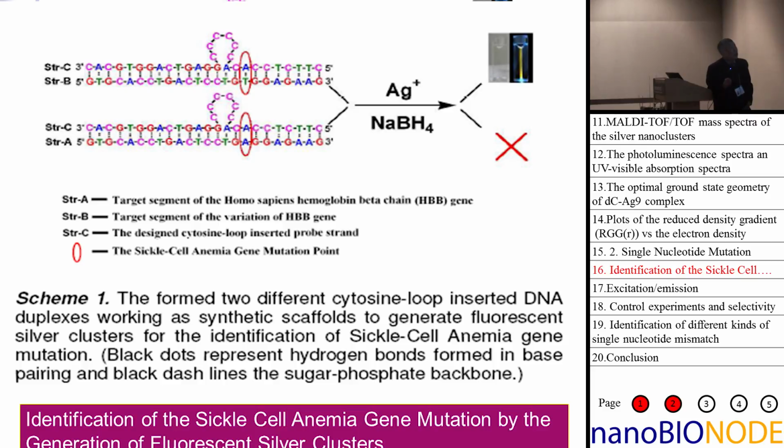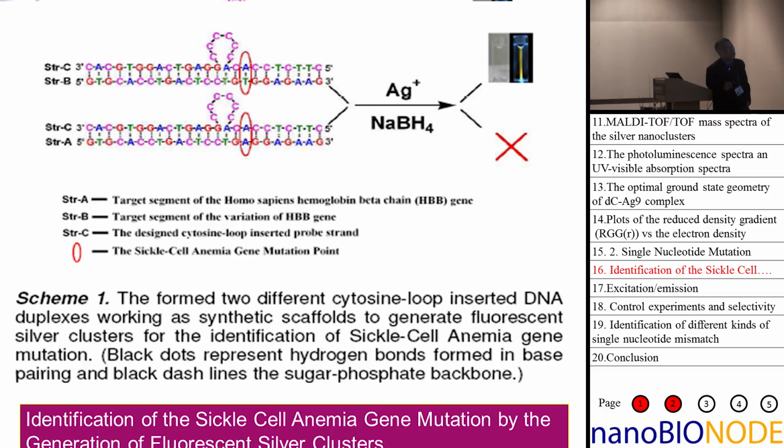So we can see that if we use this double strand, strand C and B, we can get the photoluminescence quite clearly. However, if C with A, A is the normal, in this case, no fluorescence.